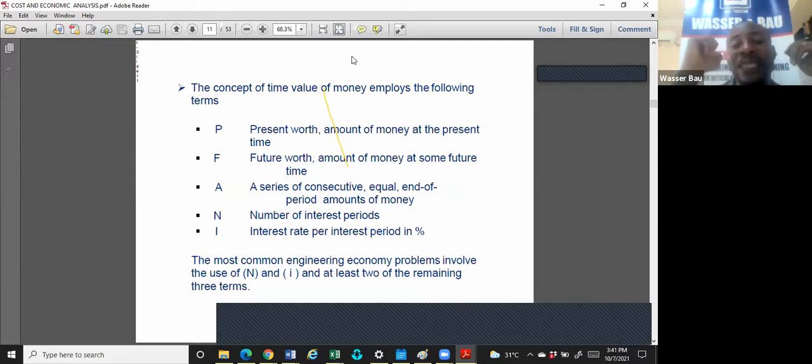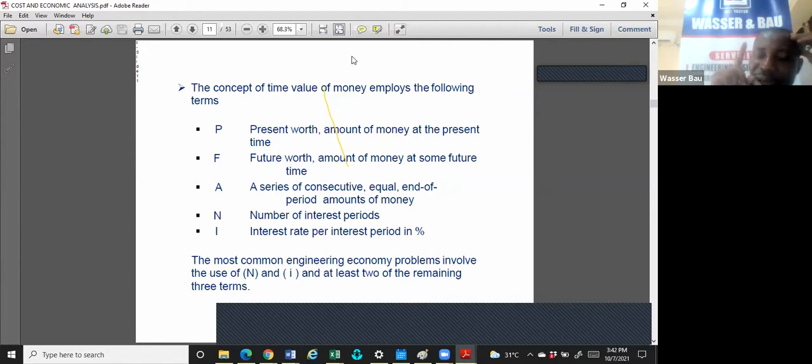We'll be representing it as P. The second one is the F, which is the future worth. The third one is the A, or the series, the annuity. The savings, the annuity, the annual value. That's A. The next one is your N.